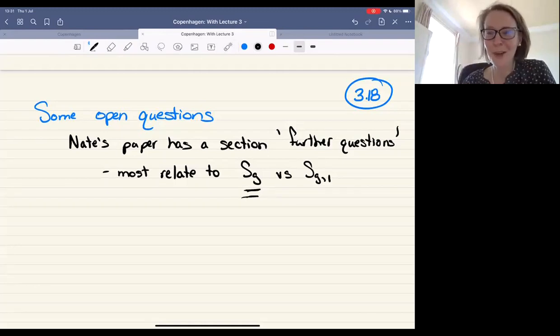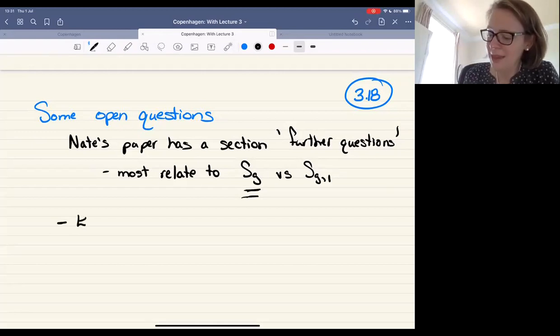I think we've covered that well so far this week, so I won't say any more about that, and I'll refer you to Jeremy there. But there's one thing in Nate's paper that I think people overlook because it's not in the further questions section, and this is what I really just wanted to mention. So this is at the end of section 4.2.